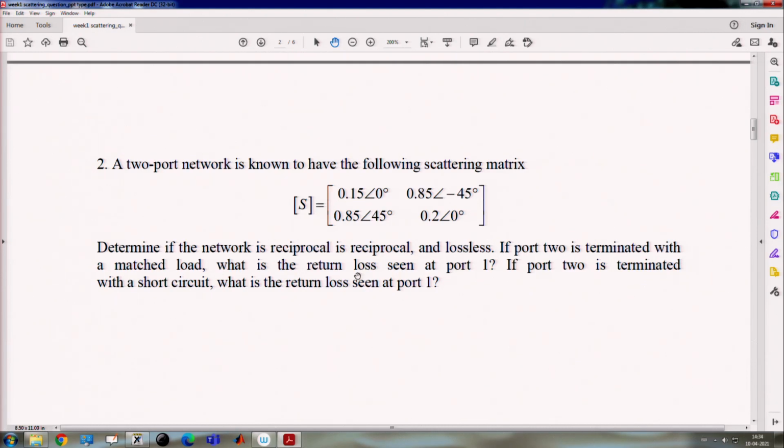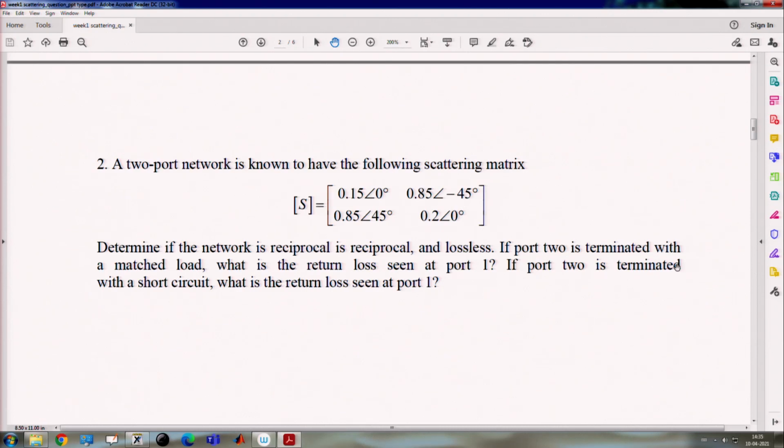So, in this case we have three questions. First, the S parameters are given, and we have to see whether this network is reciprocal or not. That is the first part. In the next part, the two port is terminated with a matched load. So, if port 2 is terminated with a matched load, what is the return loss seen at port 1?